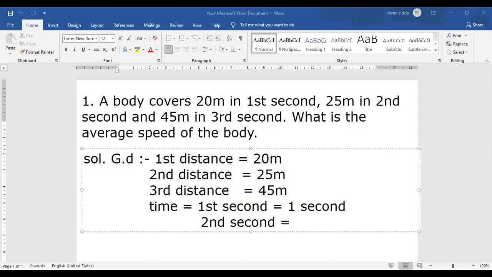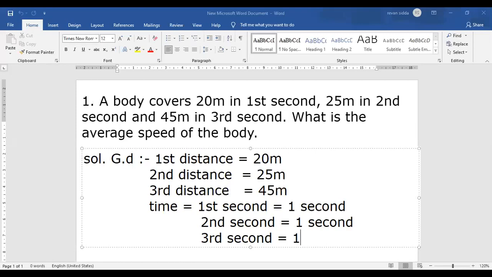Second is equal to 1 second, right? Third second also, how much time has it taken? 1 second only. I think everyone understood.